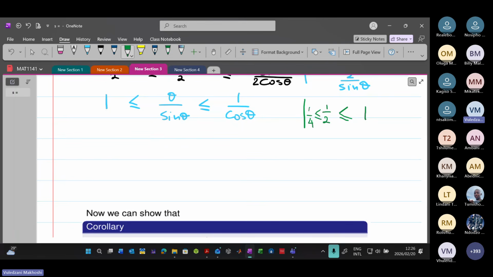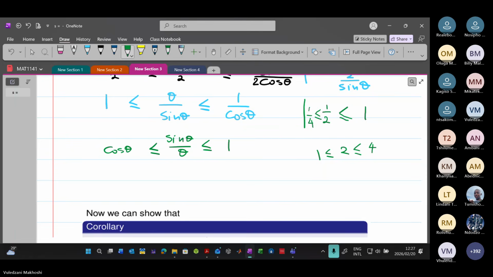If we take the reciprocal, 4 is bigger than 2, which is bigger than 1. The same goes here. Taking the reciprocal, 1 over cos theta is bigger than theta over sine theta, which is bigger than 1. So sine theta over theta is less than 1, but greater than cos theta.